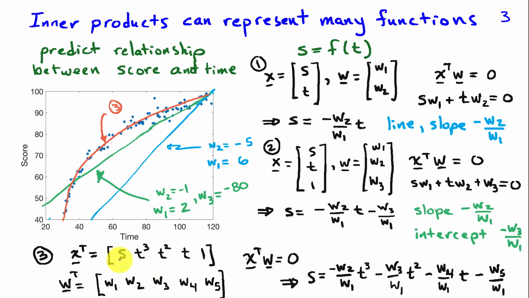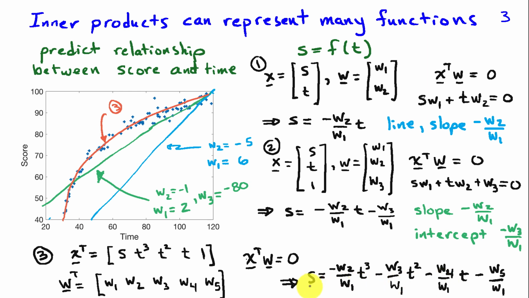We'll define x transpose as s, t raised to the third power, t raised to the second power, t, and then the constant 1. And similarly, we'll define w, and I'm using the transpose to indicate that I'm going to write this as a row. It's going to have w1, w2, w3, w4, w5. And if I consider, again, this inner product being set equal to 0, we see that with a little bit of algebra, we can rewrite s, and it becomes negative w2 divided by w1 times t cubed minus w3 divided by w1 times t squared minus w4 divided by w1 times t minus w5 divided by w1.